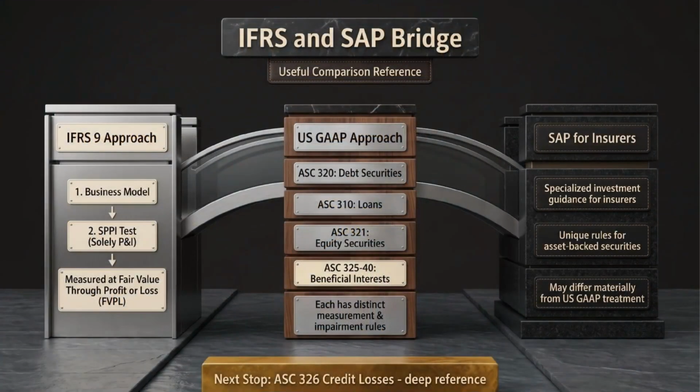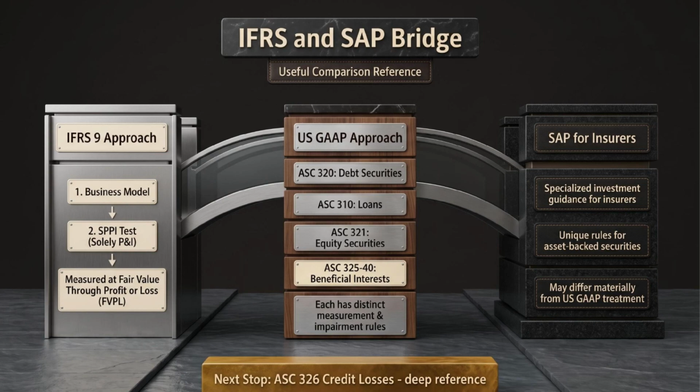This comparison slide is only a bridge, not a separate deep dive. Under IFRS 9, classification depends on the business model and whether cash flows are solely payments of principal and interest, which we say as SPPI.